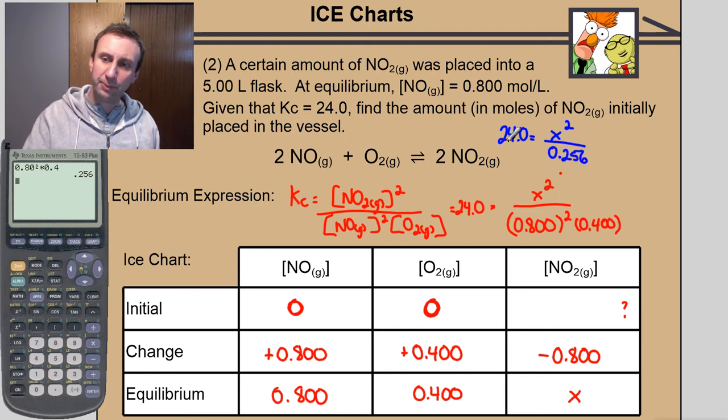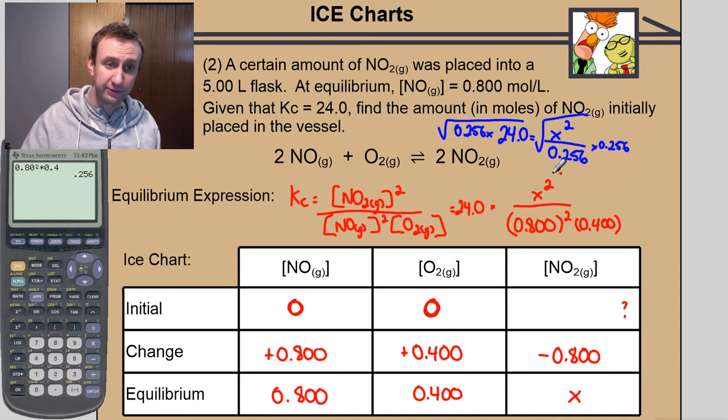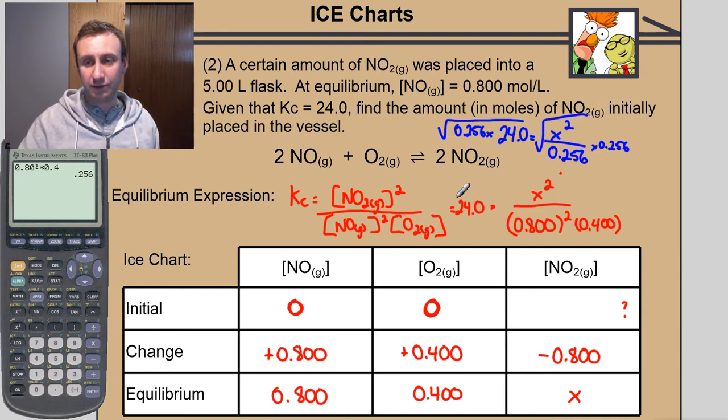So now if I multiply both sides by 0.256, and then I take the square root of both sides, then I will have my answer for x. I'd like to show more work here to show the process, but I'm a little bit out of space and I feel like starting a new page would actually make this worse.